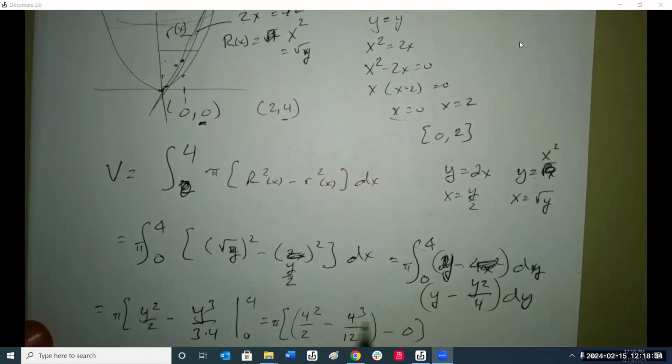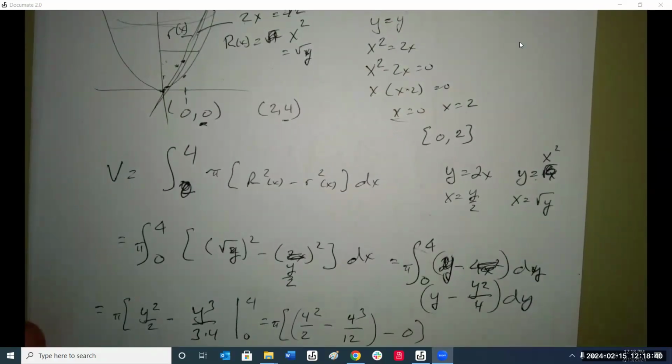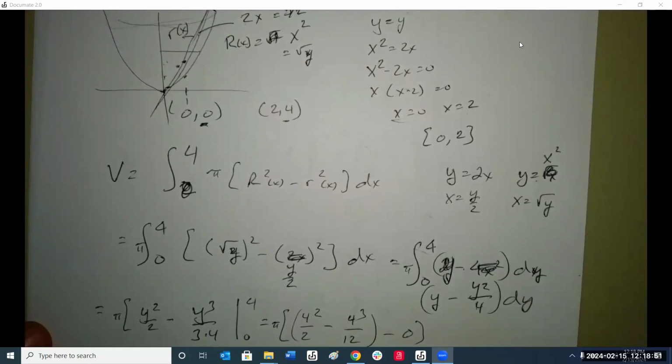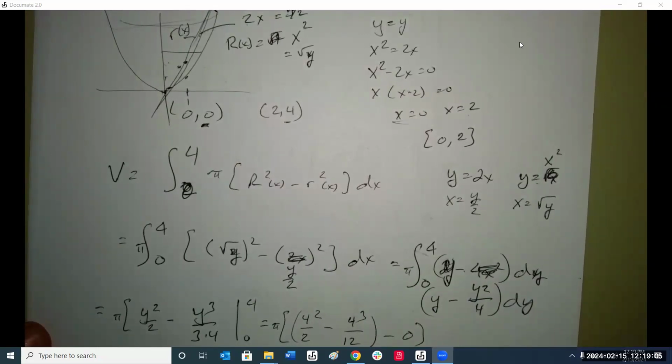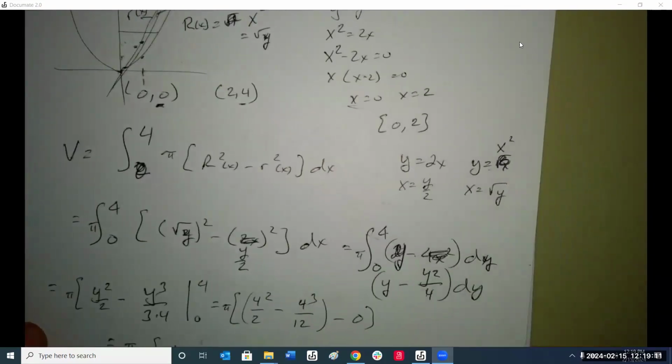Sixteen divided by 2 minus 64 divided by 12. So that could be divided by 4. 4 was in there 16 times, 4 was in there 3. So it's 24 minus 16 over 3. Makes it 8/3 pi.